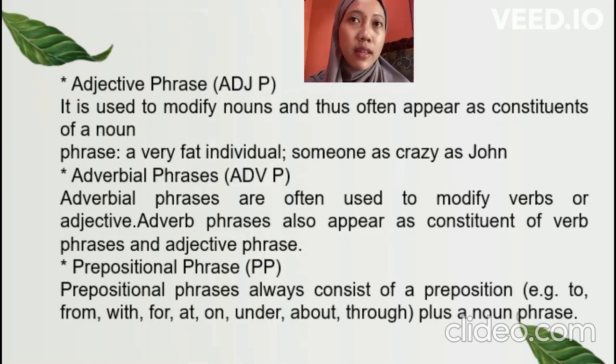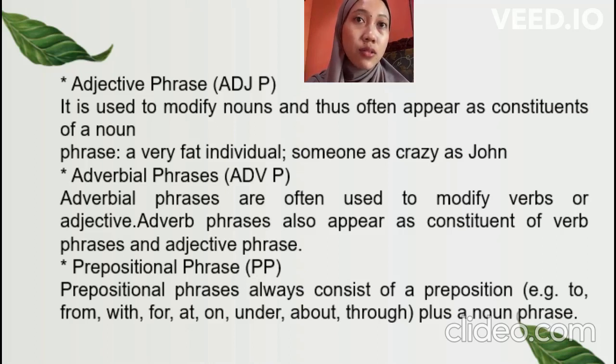Adjective phrase. It is used to modify nouns and thus often appears as a constituent of a noun phrase, for example, a very intelligent person, someone as crazy as John. Adverbial phrases. Adverbial phrases are often used to modify verbs or adjectives.